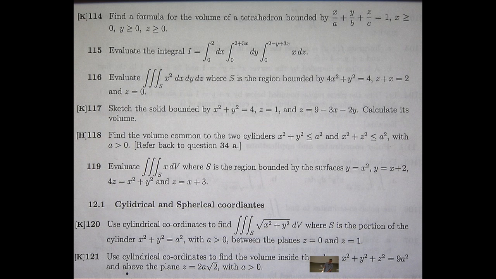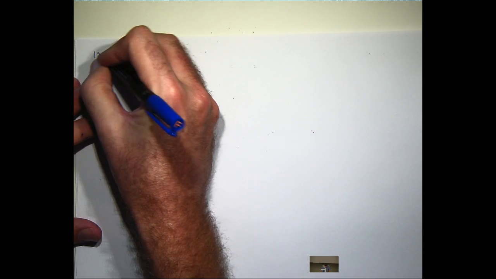Now this is a real simple one. Let's sketch the region and set up the limits of integration in cylindrical coordinates. So this is just to give you a little taste of cylindrical coordinates over the Easter break.